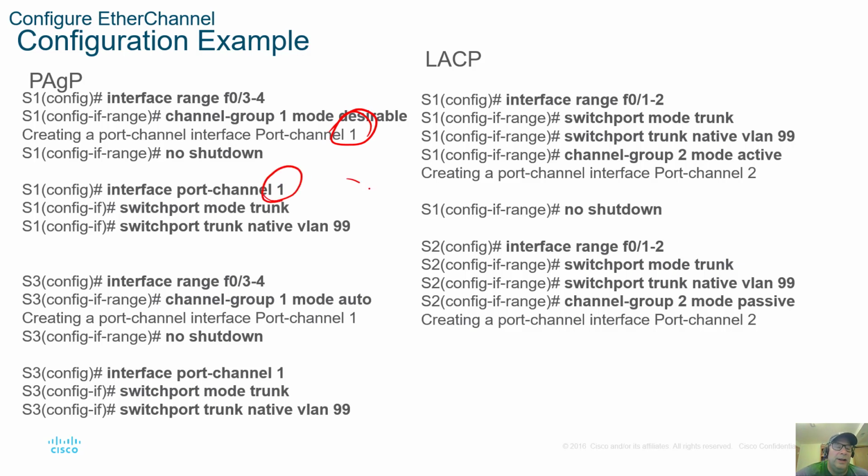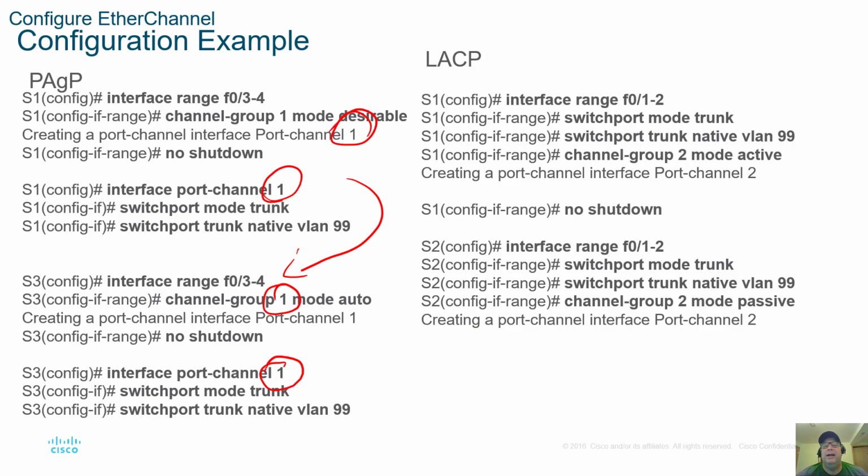And when the other side of those cables are connected, wherever those cables are connected on S3, in this case, in interfaces F0/3 and 4, they also have to use the number 1. So if I set up a cable, and on one side I use port channel 1, and on the other side I use port channel 2, it absolutely will not work. You need to have the same port channel number on both sides.